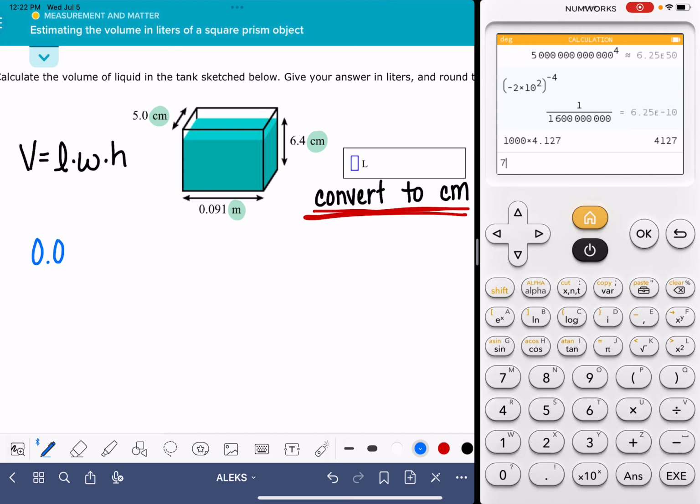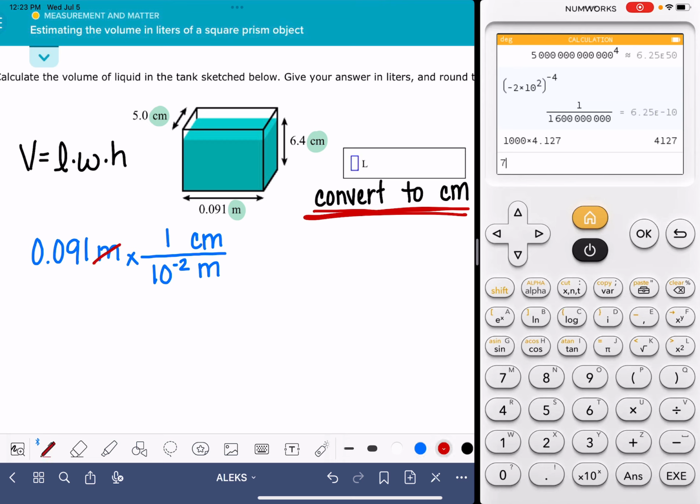We're going to start by writing the number with the starting units, which for me is a meter. We want to multiply by our conversion factor that converts out of meters into centimeters. Centi is the prefix for 10 to the minus 2. That means 1 centi is 10 to the minus 2 meters.